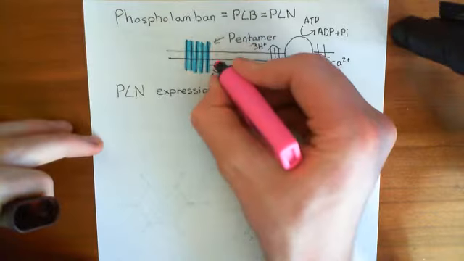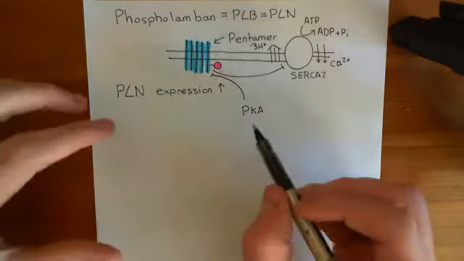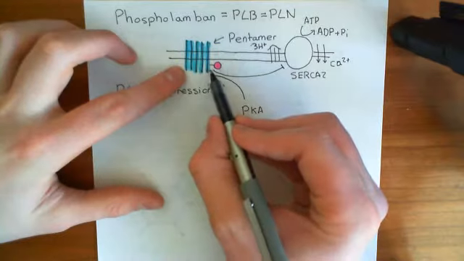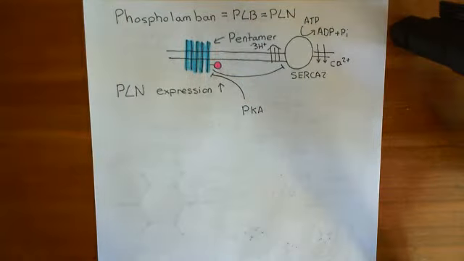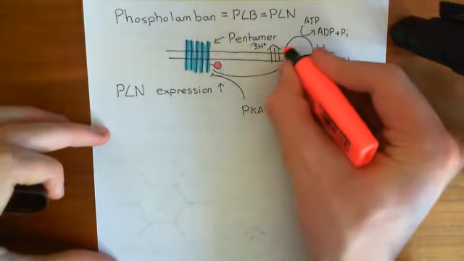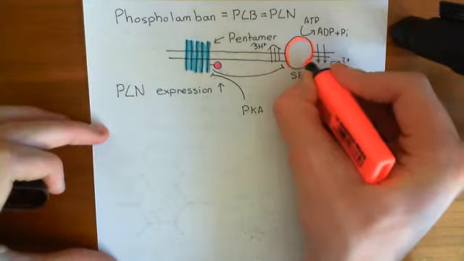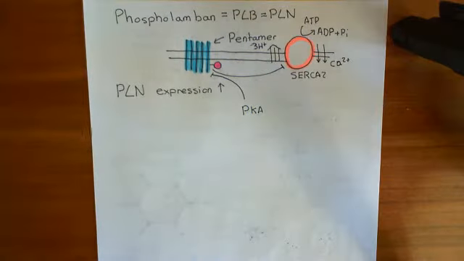So by adding this phosphorylation onto phospholamban, protein kinase A can stop the phospholamban binding to SERCA2, and then if you stop phospholamban binding to SERCA2, then SERCA2's function is going to go up. So this is how protein kinase A increases the function of SERCA2 basically, by phosphorylating and inhibiting the phospholamban pentamers.